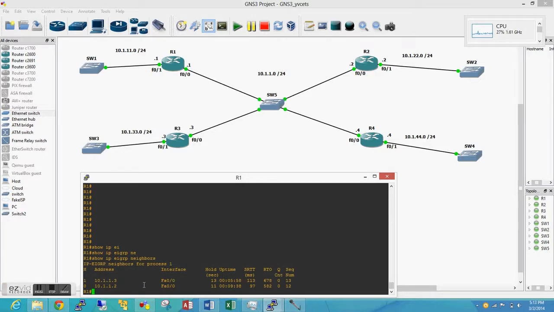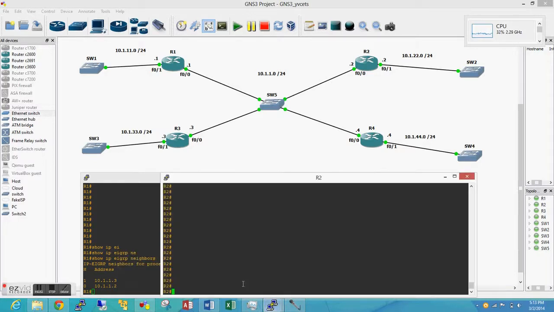Let's see what we do get. So, it looks like we have only 2 neighbors, 10.1.1.3 and 10.1.1.2. So we are not forming a neighbor relationship with router 4 for some reason.